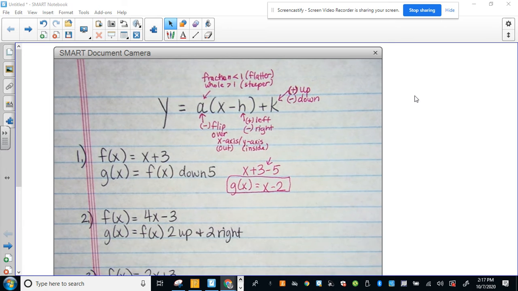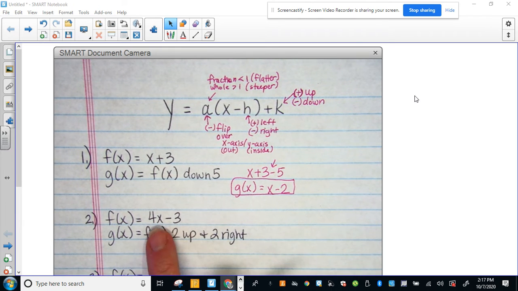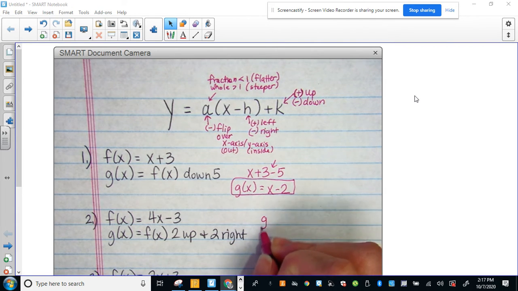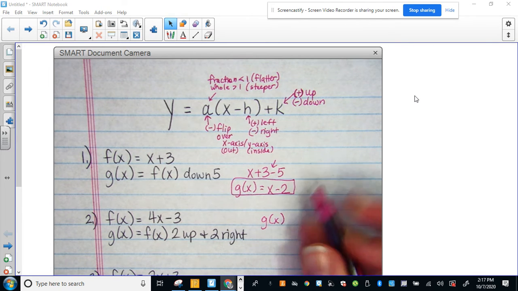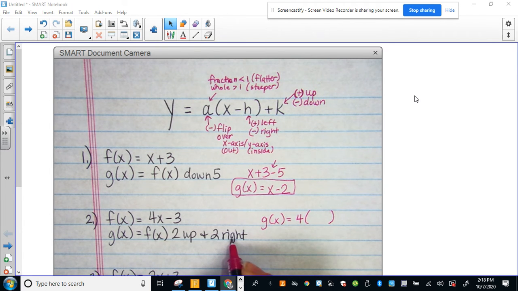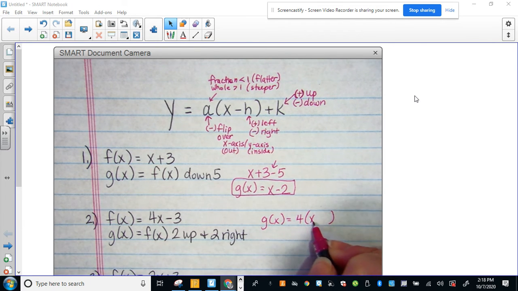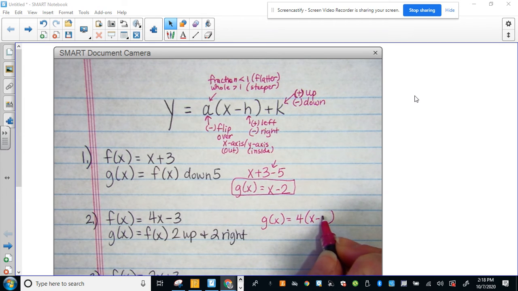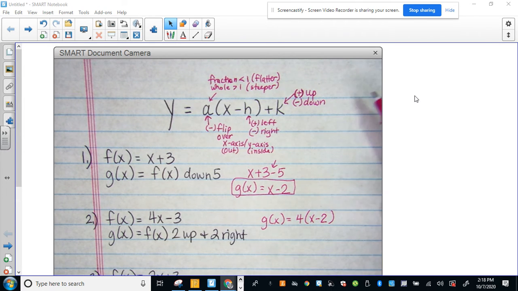The next one is we're going to take this original, 4x minus 3. We're going to move it 2 up and then also 2 right. So that means we're going to take g of x, and we're going to take the 4, which is on the outside, and I'm going to do this part first. The 2 right means on my x, I have to go 2 right, which is a minus 2. Remember, right is a minus.